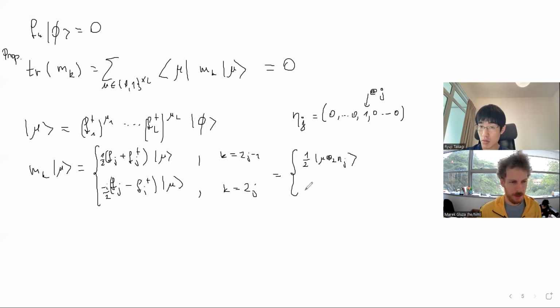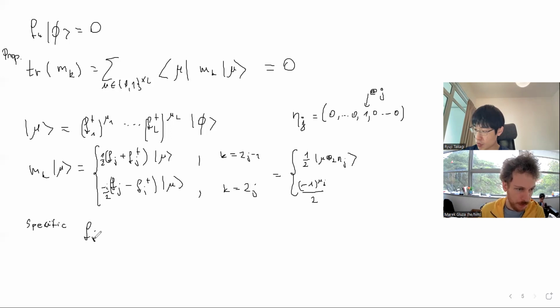And here I will have -1 to the power, I will explain in just one moment what I mean. So we will still need a phase. So let me do a specific calculation. Let's say I have fj that I'm applying to mu.